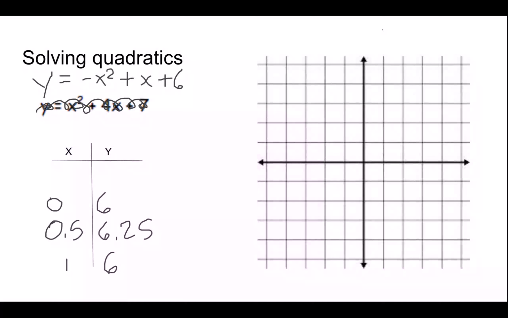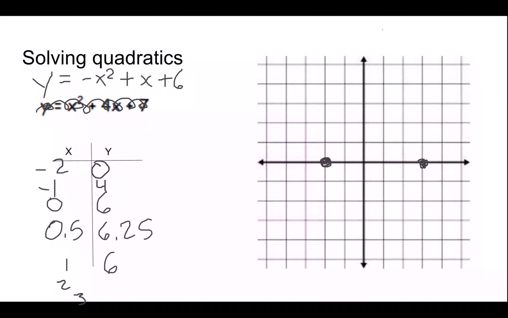Then again, I'm going to extend my chart because we had to go to negative 1, then negative 2, and that's where we got 4 and 0. Now I have a much better idea where this crosses the x-axis because it crossed at negative 2 and at positive 3 when we went the other way.